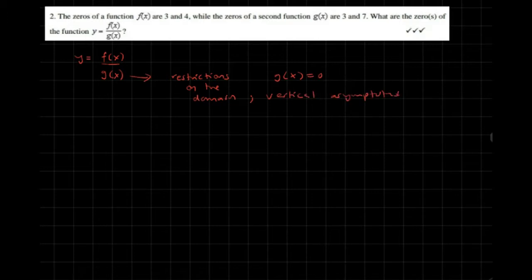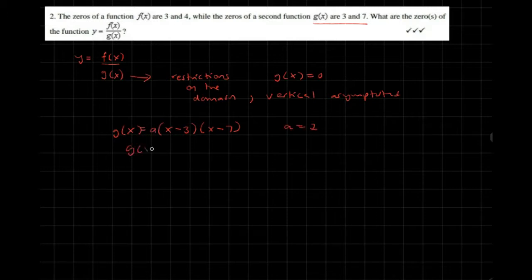Okay, so it tells us that the zeros of g of x are 3 and 7. I'm just going to make basic factors for 3 and 7, so x minus 3 and x minus 7. This is what g of x can potentially equal. You can add an a value in front of it to change the multiple, but I'm just going to let a equal 1.